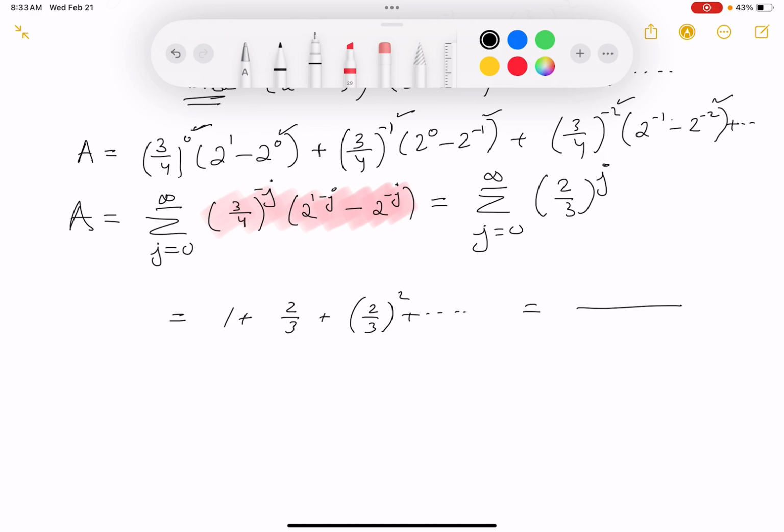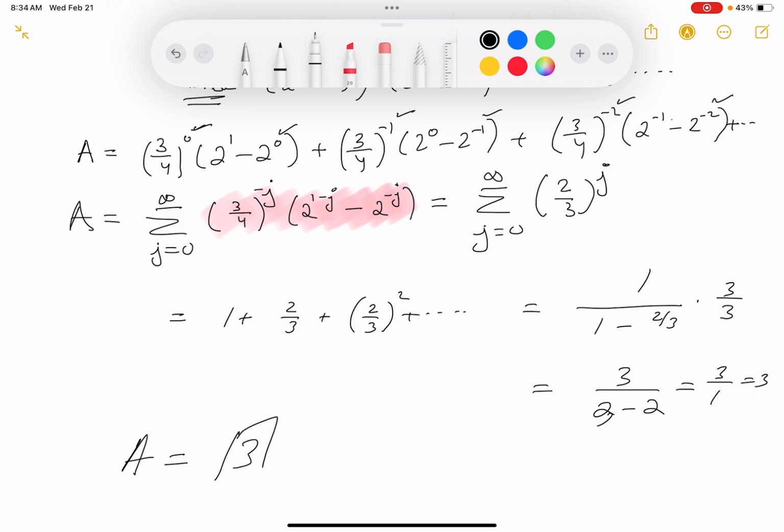It's geometric in form: 1 over 1 minus 2/3. I can multiply top and bottom by 3. You get 3 on top. Bottom, you get 3 minus 2, which is 1. So you get 3. What's the area going to be? Area is going to be 3. And we're done. This was a tough problem, by the way. I found it to be difficult. Thank you.